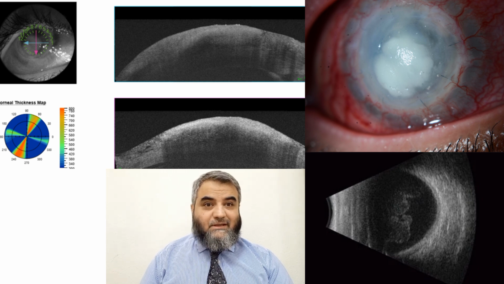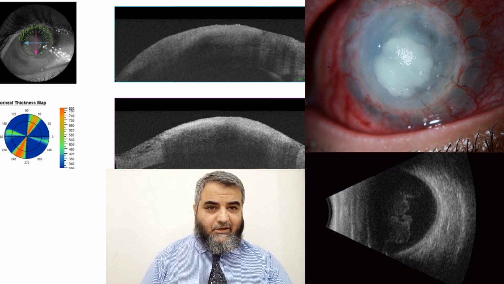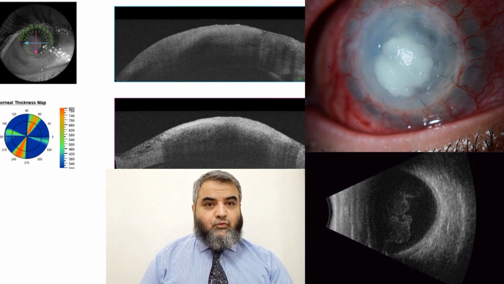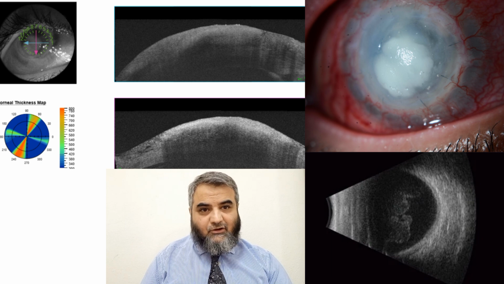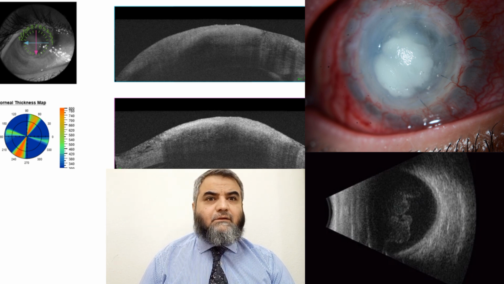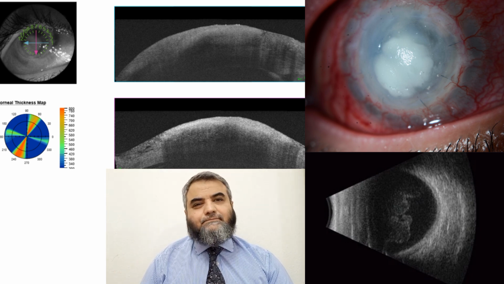Very important. The second thing, if we have the facilities available as shown here, anterior segment OCT is a very good way to quantitatively find out the penetration and extent of infection inside the cornea, which is particularly helpful in fungal infections.